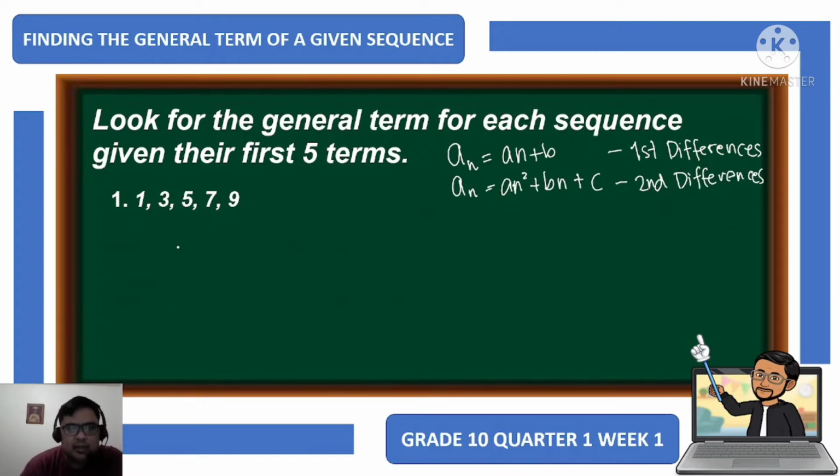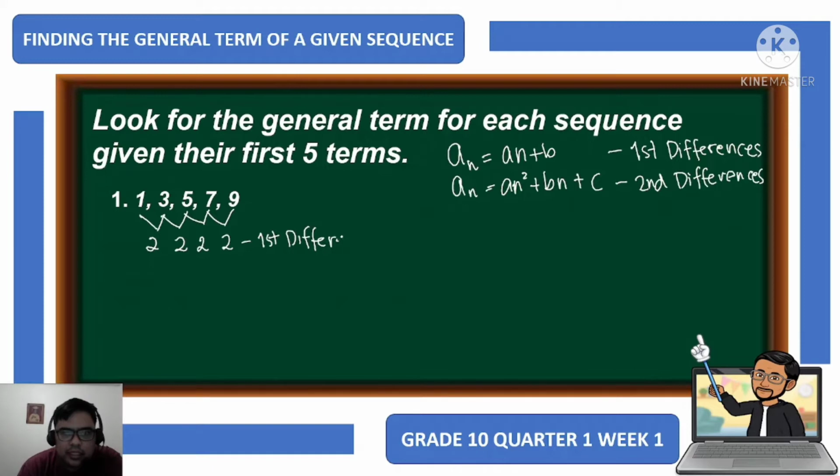So, obviously, ang una natin gagawin, first step is get the differences of two consecutive terms. Yung magkasunod. So, 3 minus 1, 2. 5 minus 3, 2. 7 minus 5, 2. 9 minus 7 is 2. So, makikita nyo, this one, first differences.